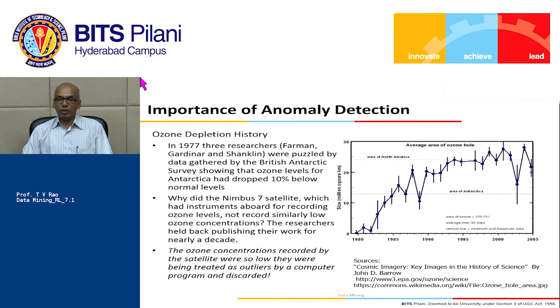But it is only when they saw no way they could be wrong that they published it, and then the satellite agency checked up why they could not detect it, and they realized that they had computer software which was not handling anomalies. So when it saw data which is significantly different from the normal observation, it was simply ignoring it.